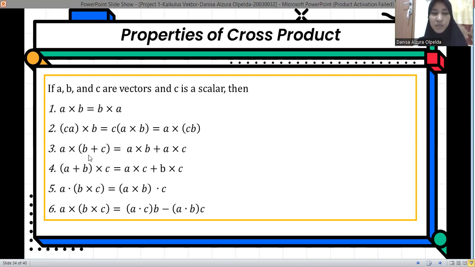A cross (B plus C) is equal to A cross B plus A cross C. (A plus B) cross C is equal to A cross C plus B cross C. A dot (B cross C) is equal to (A cross B) dot C. A cross (B cross C) is equal to (A dot C)B minus (A dot B)C.